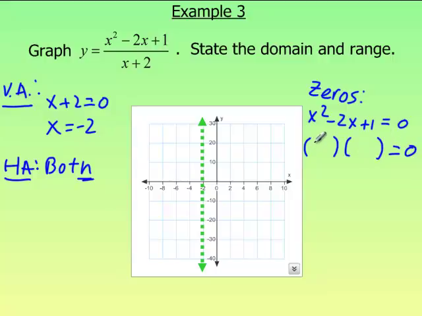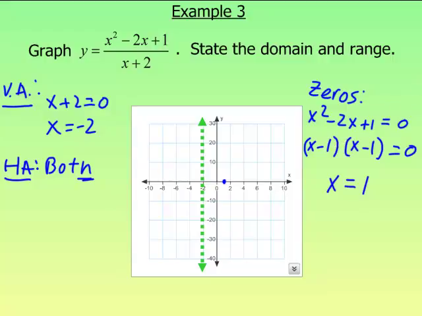So this is going to be x minus 1 times x minus 1. This is going to be a special product property here, so it's not going to be a hard one, or you can just factor it. So therefore, x would have to equal 1. So we'd use the zero product property. You know how to do that. So therefore, it should cross right there.